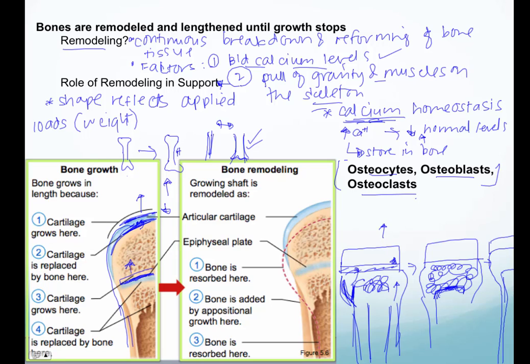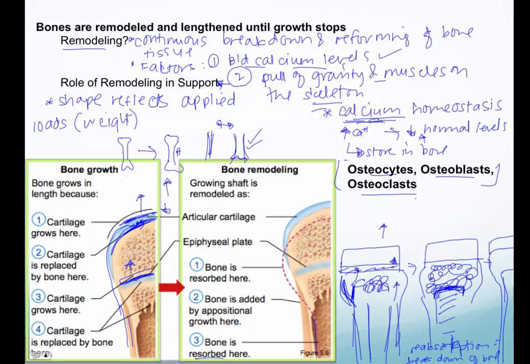Here we call that resorption. Anytime we break down bone, like here we're breaking down that spongy bone to open up our cavity space, that's called resorption. This is a breakdown of bone.